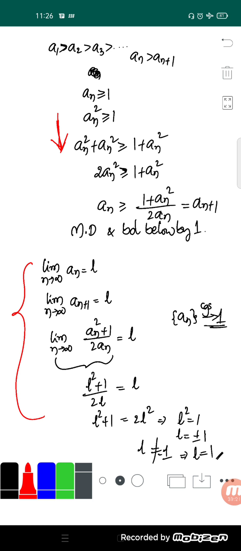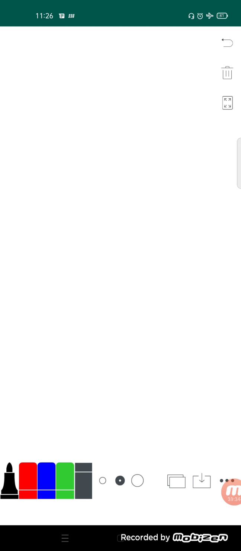So that's how we deal with sequences. Why do I stress so much on sequences? Because a series has the same behavior. I will give you a general glimpse of what a series is.